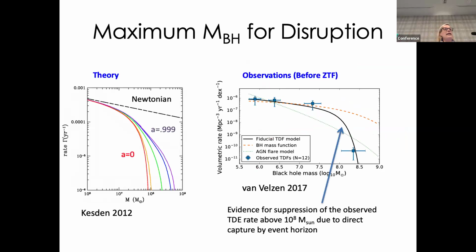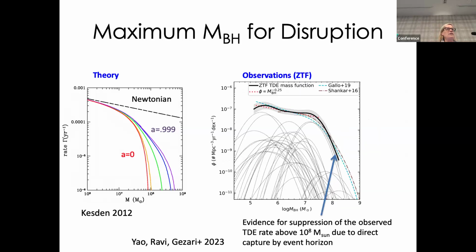With these increasing samples of TDEs, we've confirmed that indeed we see a drop-off in the number of tidal disruption events as you go to these higher black hole masses, consistent with the presence of an event horizon. This is showing a study before ZTF, a compilation of only 12 tidal disruption events from various optical surveys. And now after ZTF, we have much better statistics, and you can really start even probing the underlying black hole mass function that is producing these events.